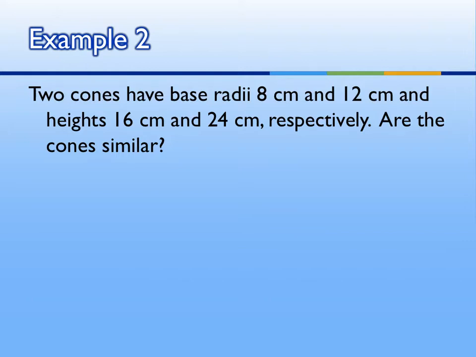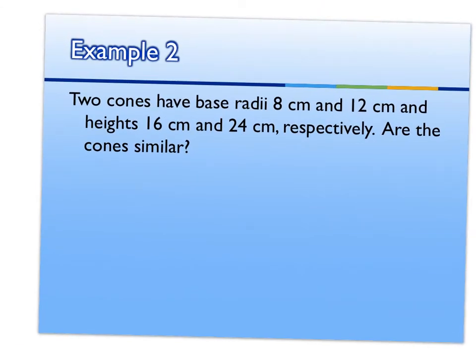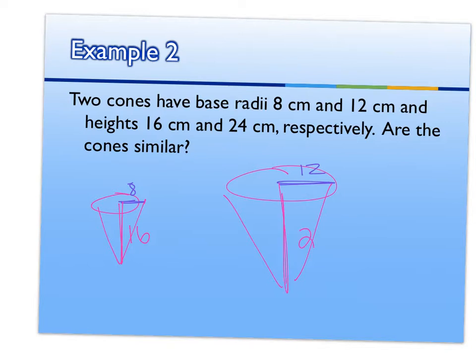All right, two cones have base radii of 8 centimeters and 12 centimeters and heights 16 centimeters and 24 centimeters respectively. Are the cones similar? So you can give yourself a visual, and a lot of these times you might not even need to, okay? I've got two cones. It says this one, radii of 8, radii of 12, and then this one, height of 16, height of 24.